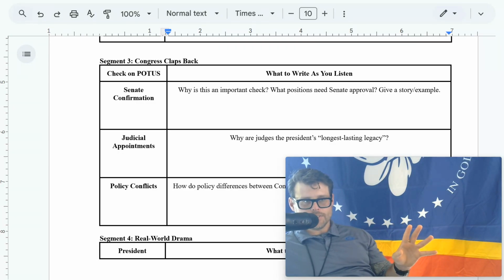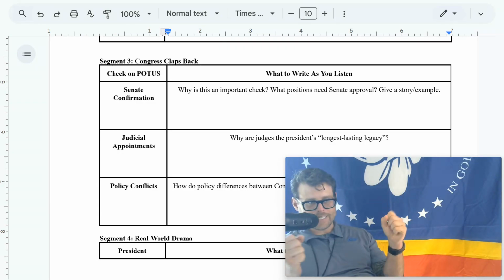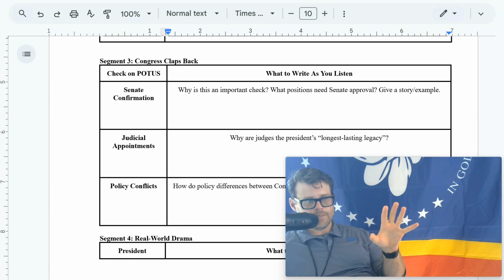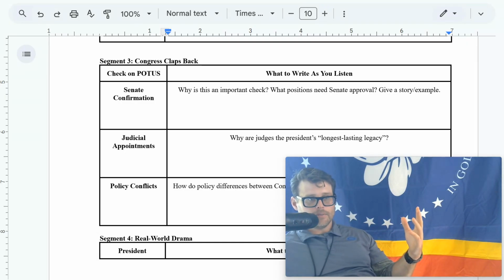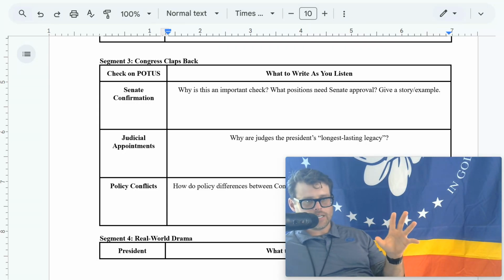It keeps them insulated, protected from public pressure. That allows them to be nonpartisan, not affiliated with any political party or any need to run for re-election. They can just look at the Constitution and say, this is allowed or this is unconstitutional.